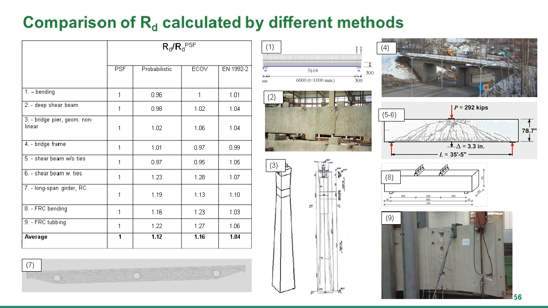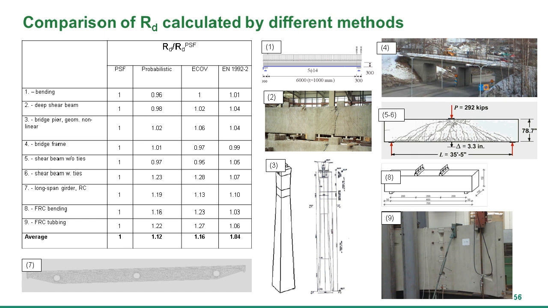If you look at the first 5 examples, you see very little difference. All the methods give similar results, with just a few percentage difference, which I think we can neglect.